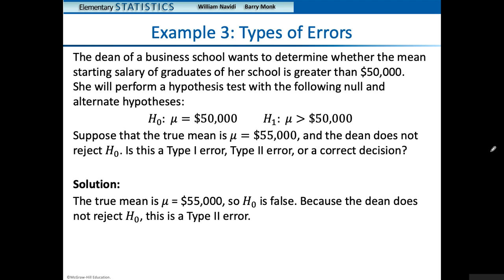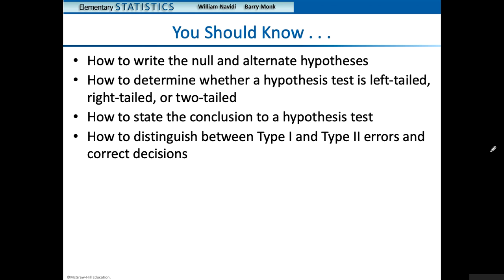So you have to balance those against each other, and think about things like which type of error is more serious if it's committed. This gives us a broad overview of the basic structure of a test. In the next few sections, we'll look at the step-by-step specifics of how to conduct a test.